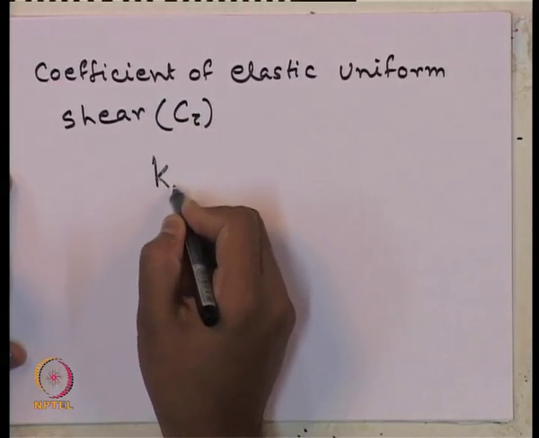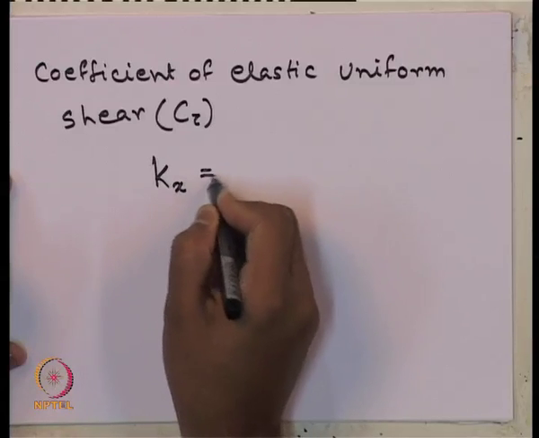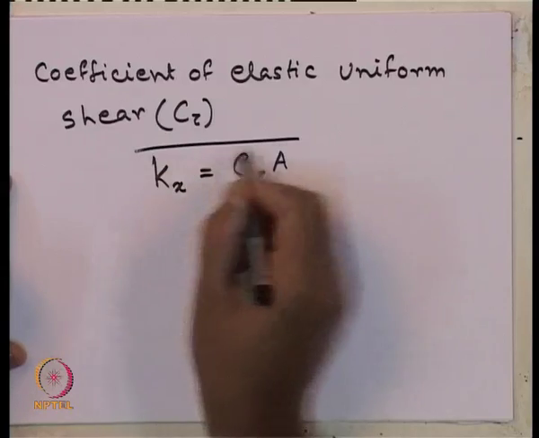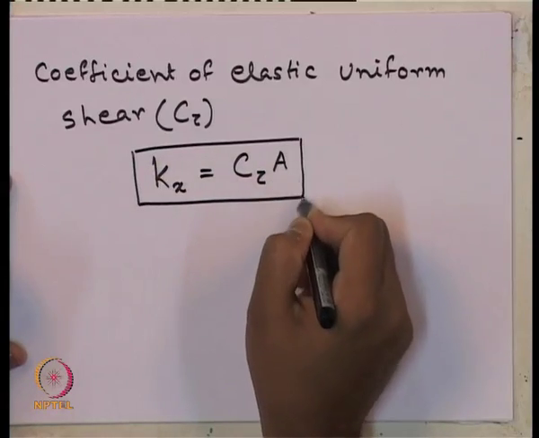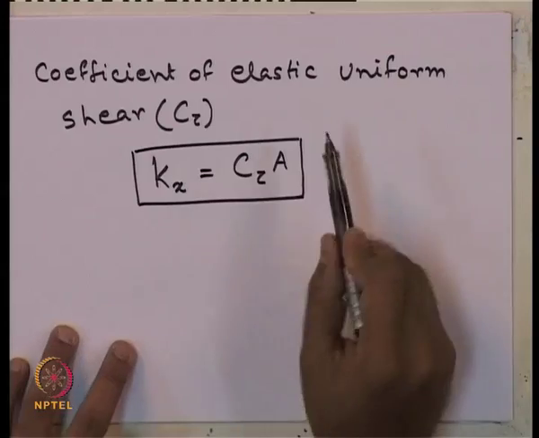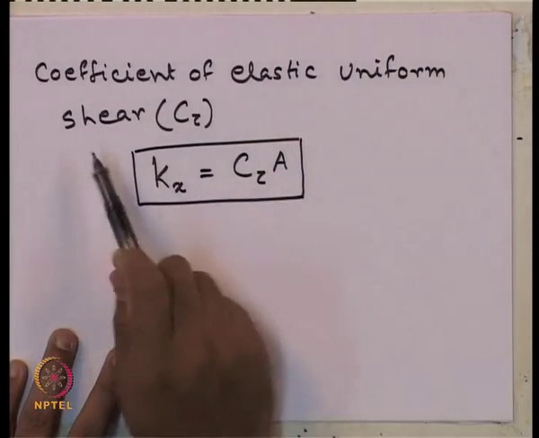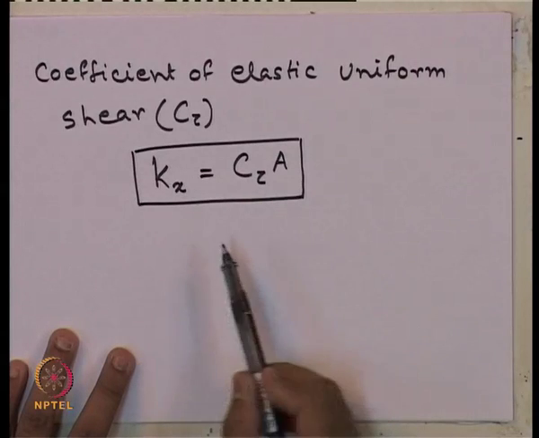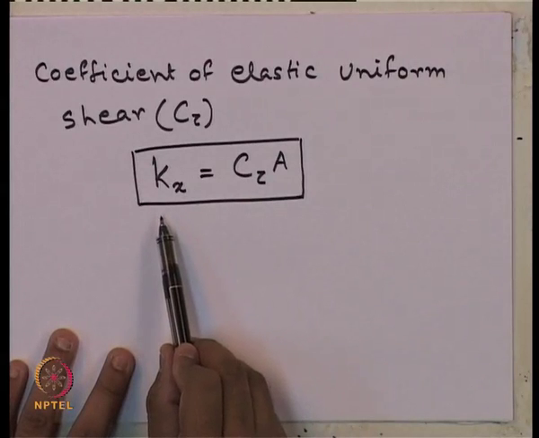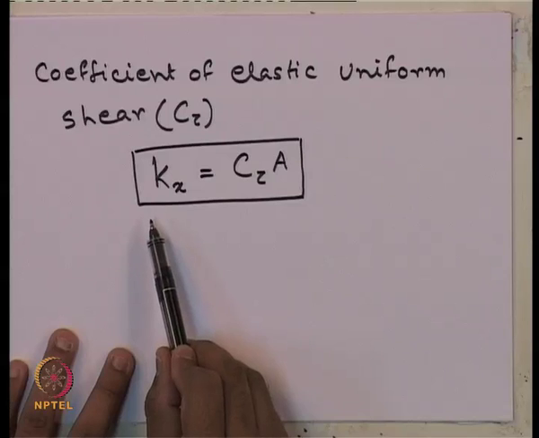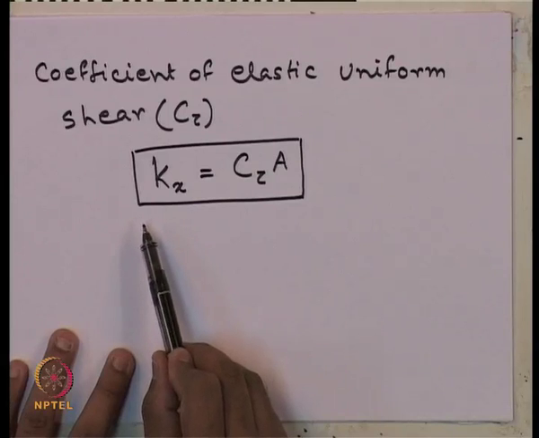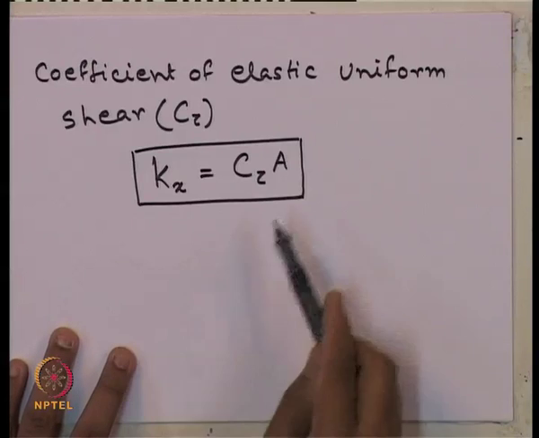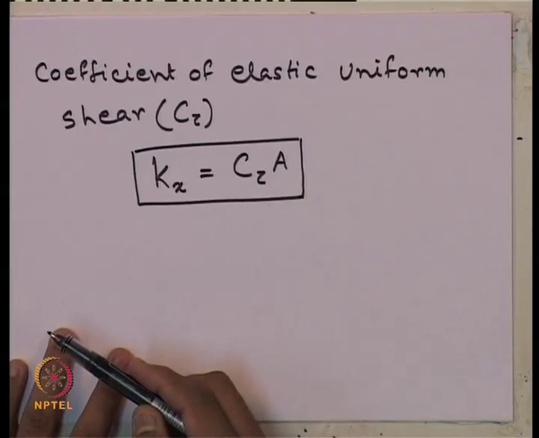Here the relationship is kx equals C tau times A. So, using the coefficient of elastic uniform shear C tau, we can get the horizontal spring constant kx or ky, in whatever direction we are considering the shear, by multiplying with the area A.